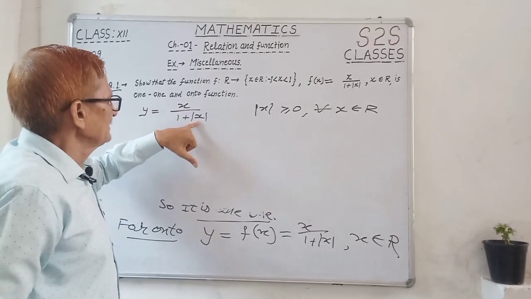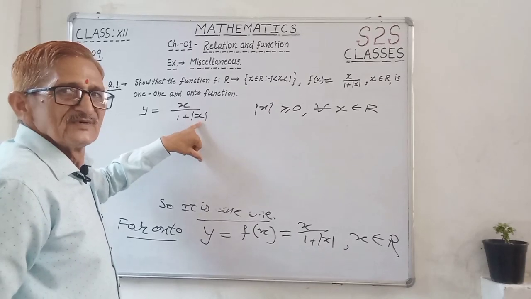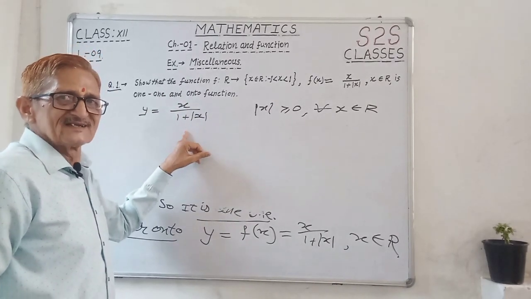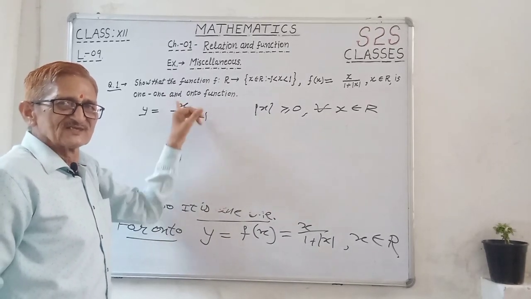If the x value is negative, then it is negative upon positive. And the positive will be like that: if x is negative 1, the denominator will be 2, so minus 1 upon 2.